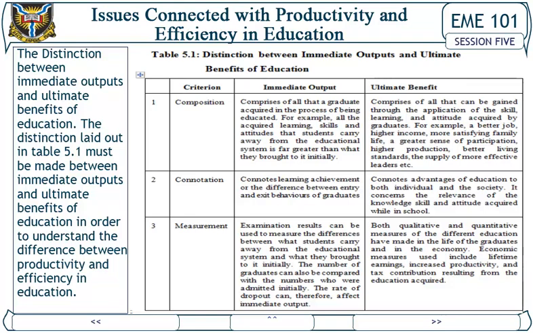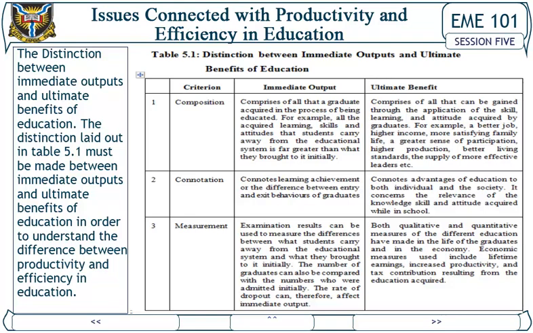Ultimate benefit comprises all that can be gained through the application of the skill, learning, and attitude acquired by graduates. For example, a better job, higher income, more satisfying family life, a greater sense of participation, higher production, better living standards, the supply of more efficient leaders.